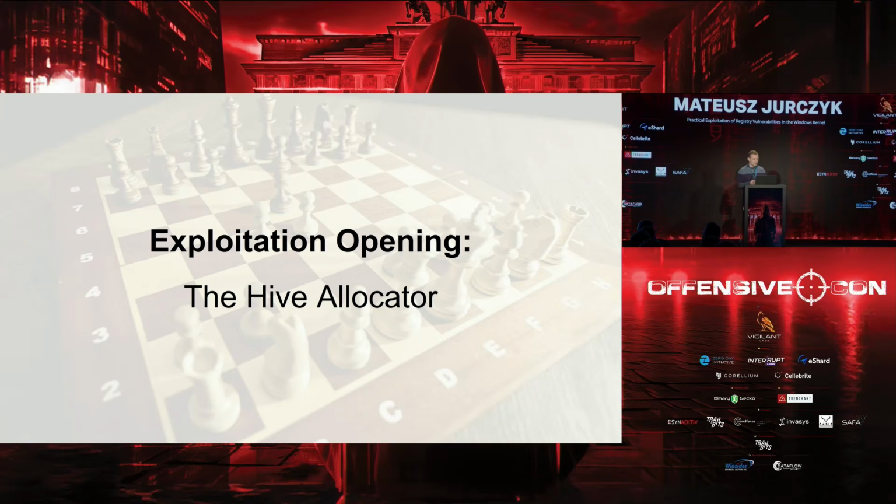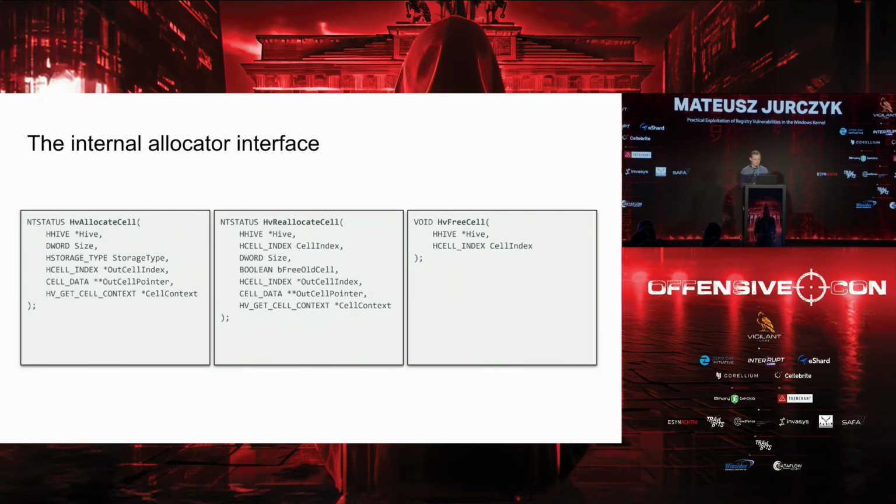So let's start with the opening and thinking about the Hive allocator and how it works exactly. So we have 3 functions internally in the Windows kernel responsible for allocating memory in the Hive, meaning allocating cells. So it's kind of allocating memory, but also data in a file, because it's the same thing in the registry. So we have the allocate cell function, the reallocate, and the free function, the 3 functions that you would typically expect of an allocator interface.